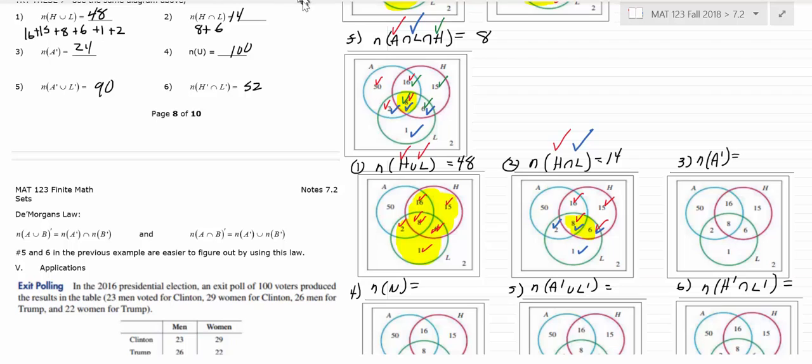Okay, all right. Now the next one is outside of A. All right, so what you want to do on this is just make sure that you check everything that's outside of A. So not that, not that, not that. It would be everything else. So it would be 15, 6, 1, and don't forget the 2. So what you do with that is 15 plus 6 plus 1 plus 2, excuse me, and that is 24.